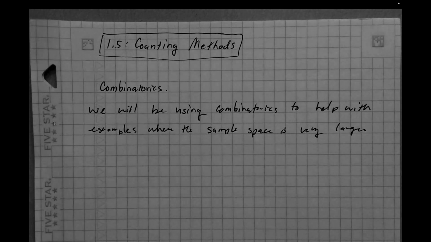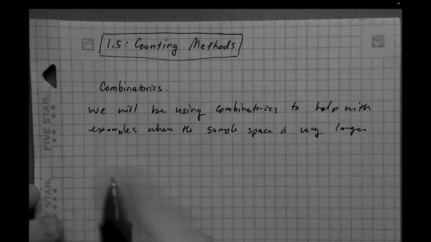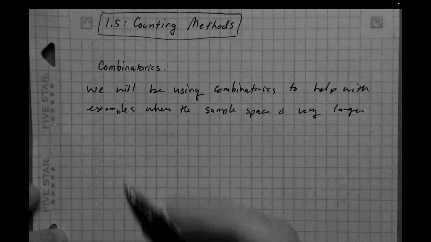We haven't really seen examples like this yet, but without these tools we wouldn't be able to make any headway. The first principle that we're going to borrow from combinatorics is something called the MN rule.